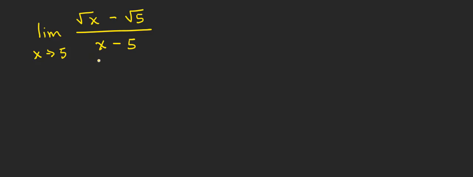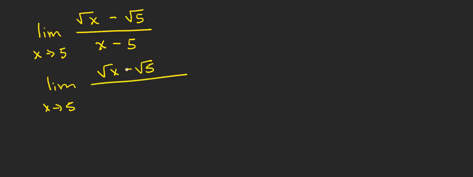So now if you want to find the limit of this, notice when you plug in 5, the denominator goes to 0. It's going to be 0 over 0, so it looks like it's undefined, but if you factor out the bottom, it's going to be radical x minus radical 5, radical x plus radical 5.